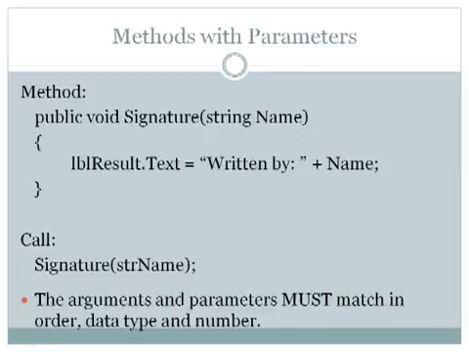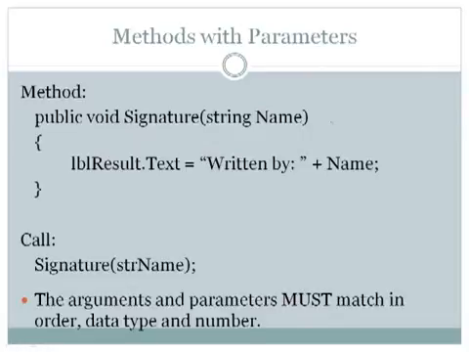So if I've got public void signature and I have a call that says signature string name, if string name equaled Ms. Keller, then this value would be passed up from string name to name. The value is passed over, and then name can be used inside. So written by Ms. Keller would show up in the label.